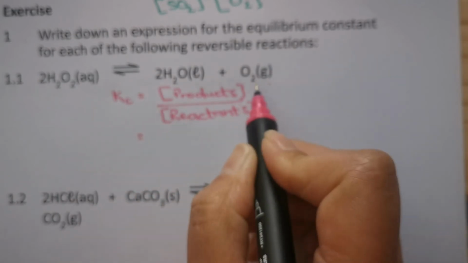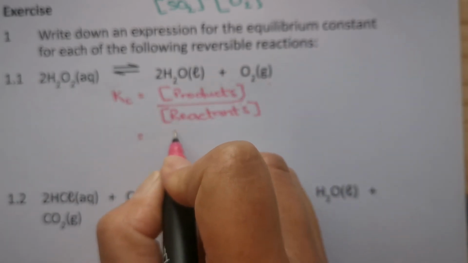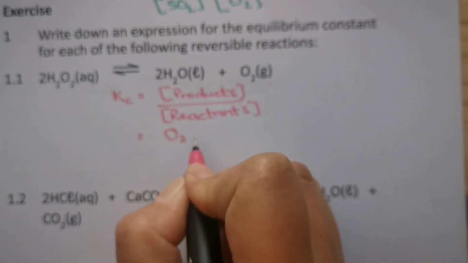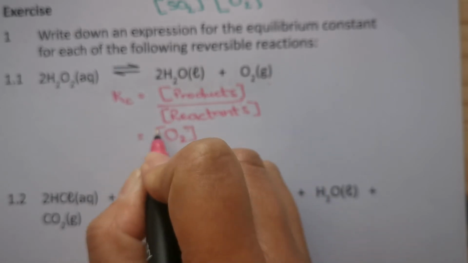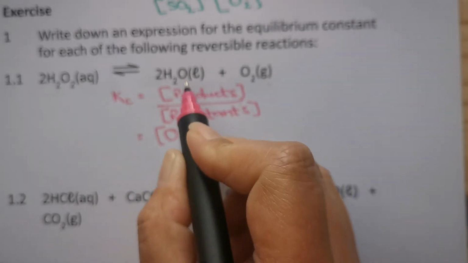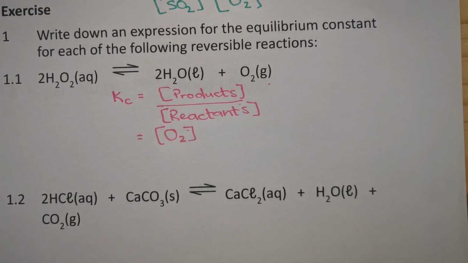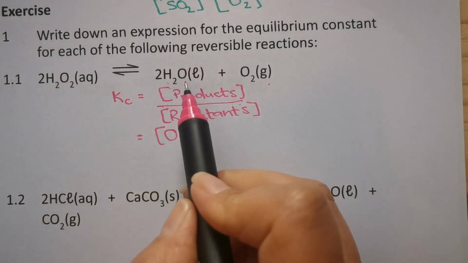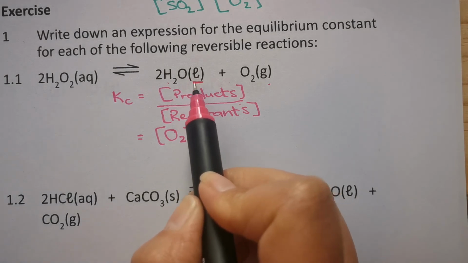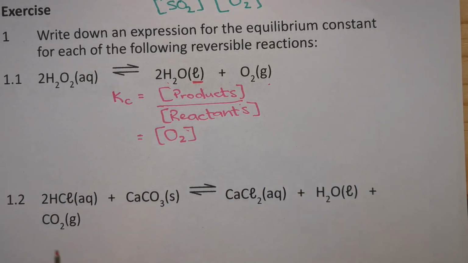So in terms of my products, I have O2, concentration of, multiplied by the concentration of my H2O. The problem is that it's a liquid, and so it does not get included in my Kc expression.